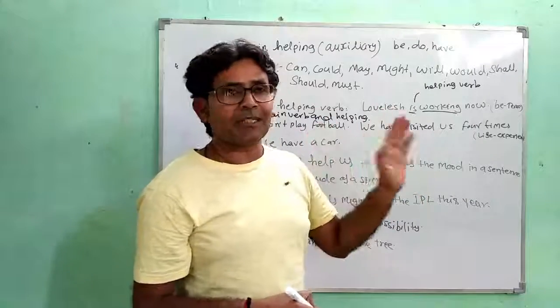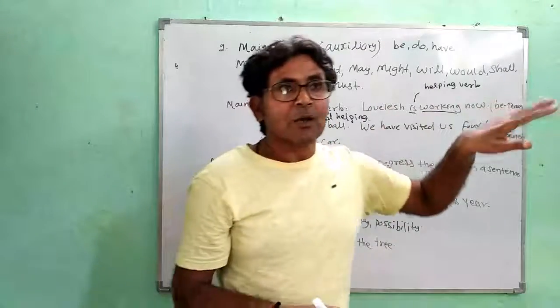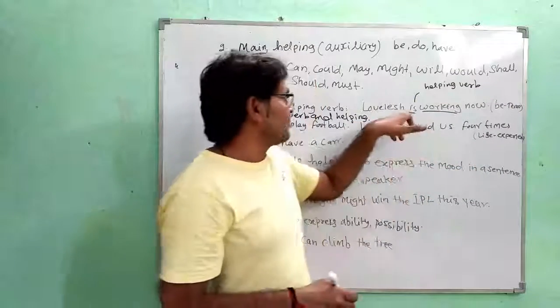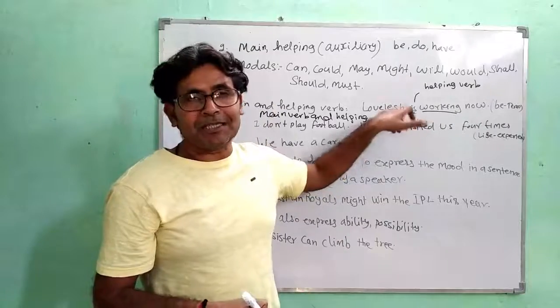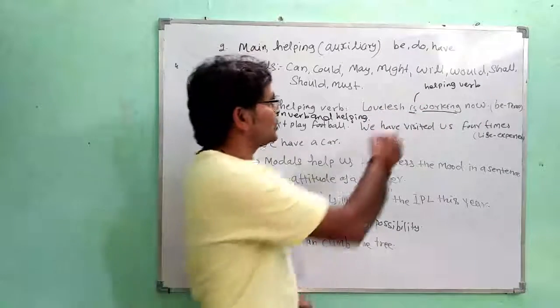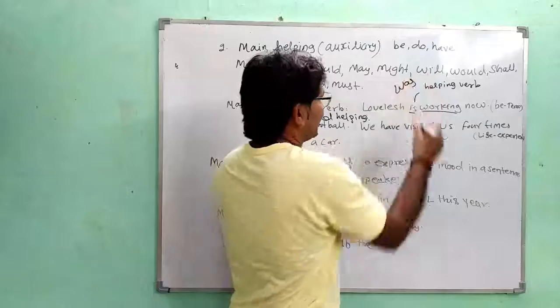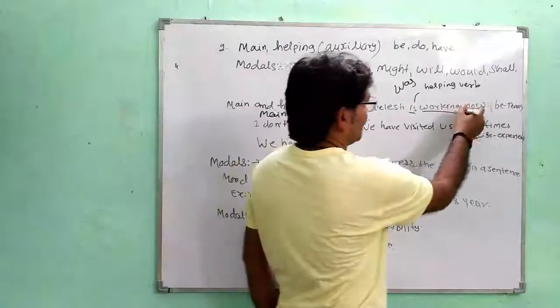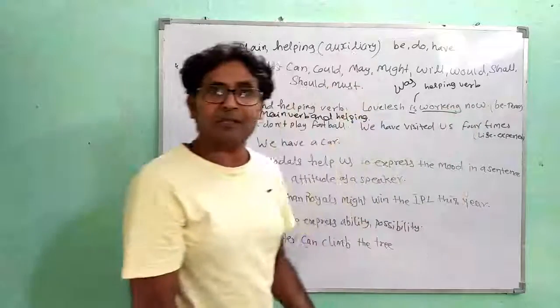For all of the tenses, we use working. But the helping verb shows the tense. So we use is for present tense, but instead of is, if we write was here, then it's past tense. Loveless was working, and we don't use now with past tense, because now is present tense.